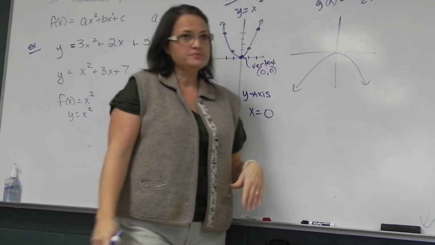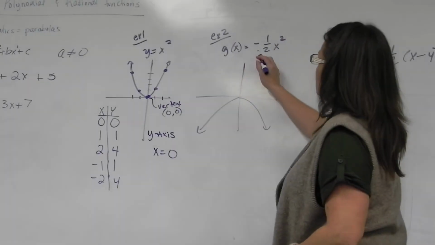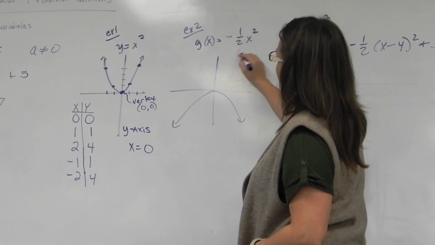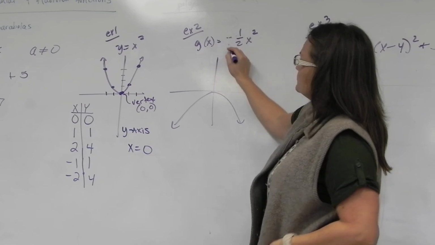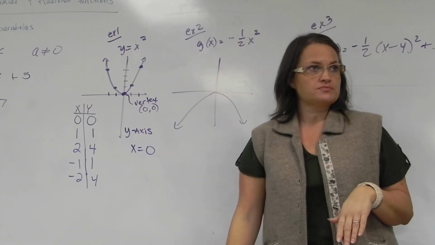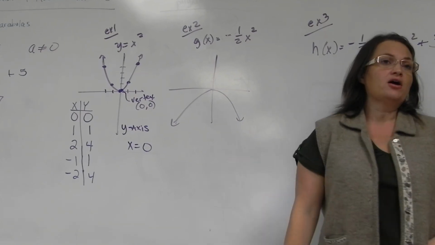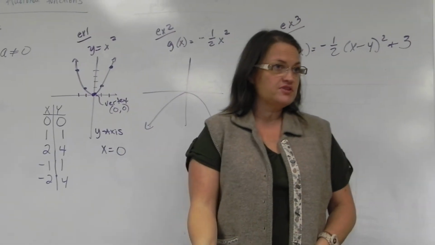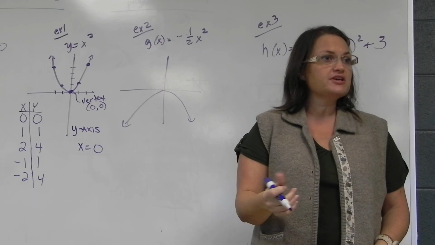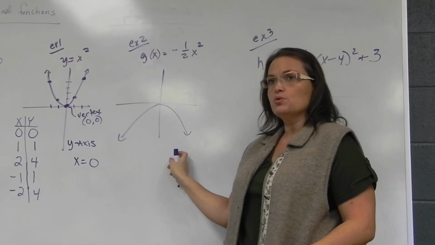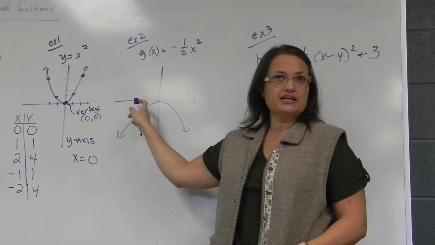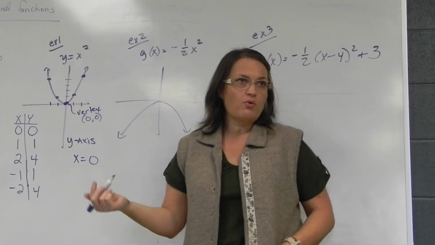Okay, example 2. G of x, this time it's negative 1/2 x squared. So the negative flips it upside down, and the 1/2 makes it wider. Now, on Math Excel, you're asked to graph some of these, so you have to be more specific. You pick up your parabola tool, and you start it wherever the vertex is, and then it makes you find one more point on the curve.